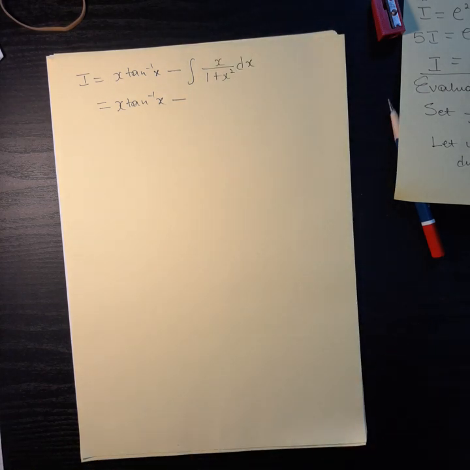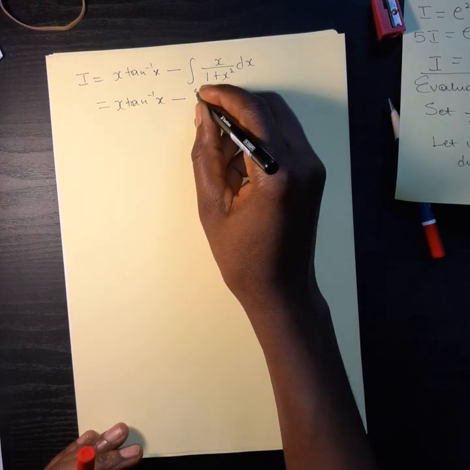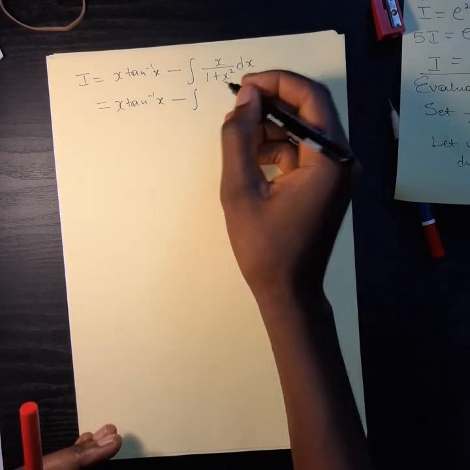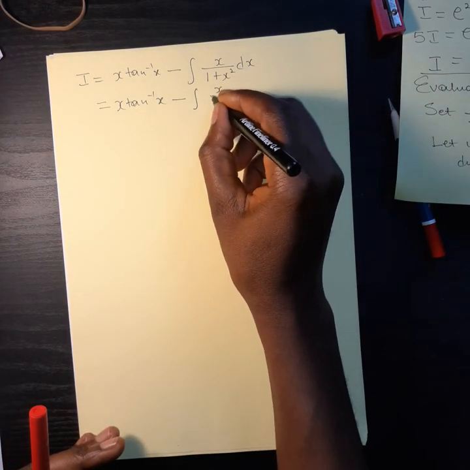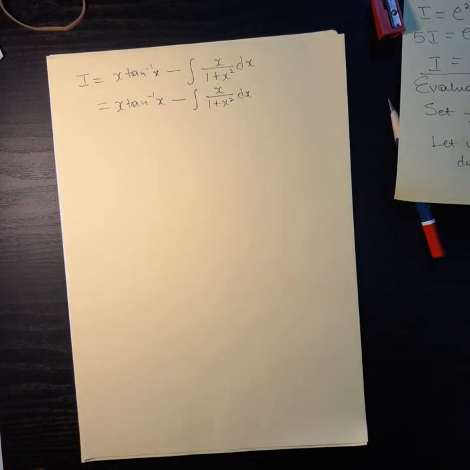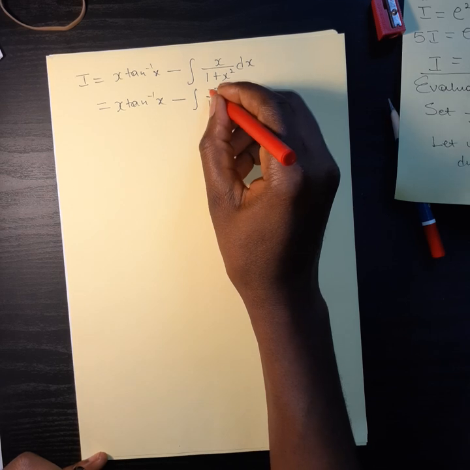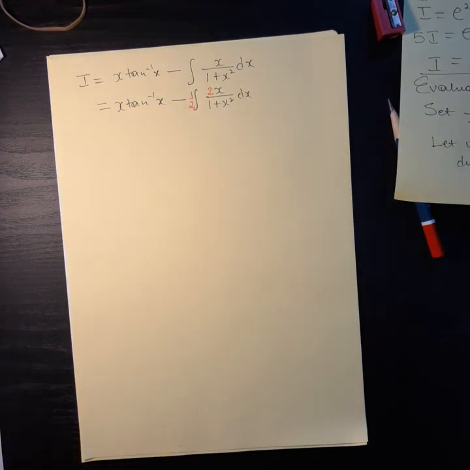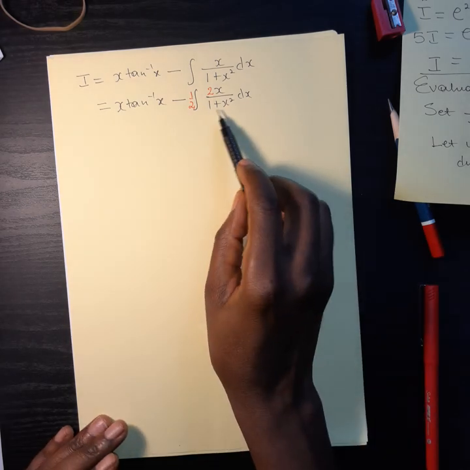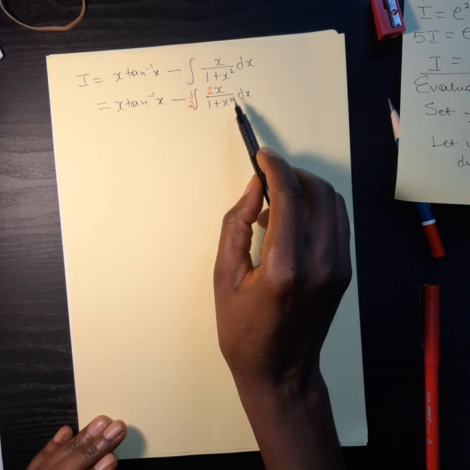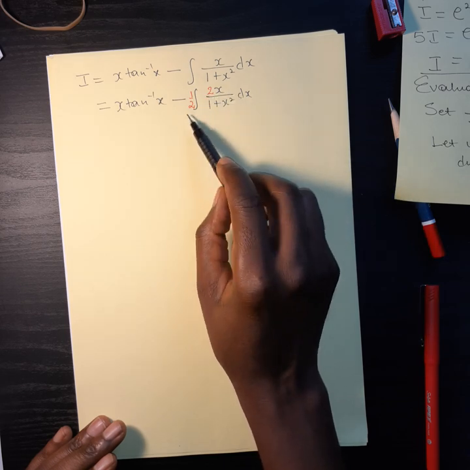Or you can quickly observe that this can be written as the integral of x over 1 plus x squared dx, and we can put a 2 here and a 1 over 2 there, which is evident if you let this be your u, the derivative of 1 plus x squared will be 2x, there you are, and so on and so on.